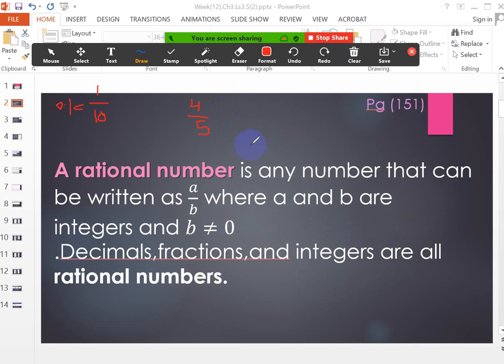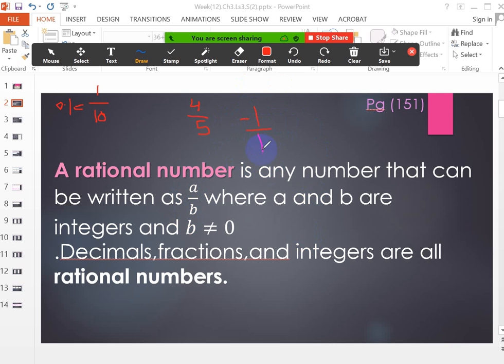Why? Because if I say, as an example, -1 or -2 or any negative number, can I write it in this form, A over B? Yes, because any whole number I can write as a fraction, by making the denominator 1, right?